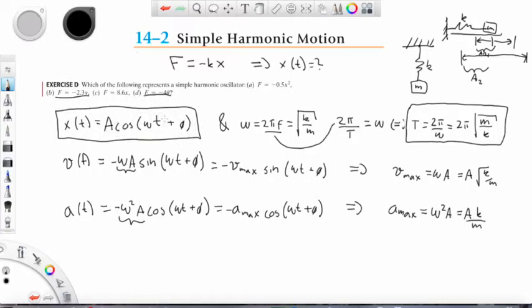It is sinusoidal motion, and we have the amplitude A here denoting the maximum displacement from the equilibrium. Also, these formulas might come in handy at times if you want to know the maximum velocity that the mass is going to achieve at any given point during the motion, or if you want to find quickly the maximum acceleration of the mass.